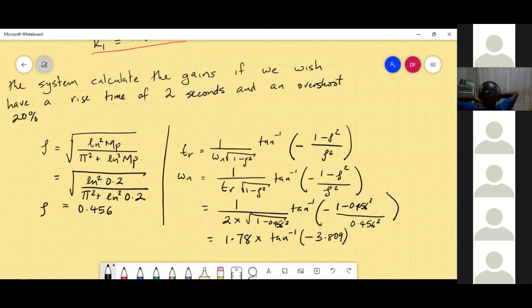All right. First thing, tan inverse of negative 3.809. We have to put our calculator in radian mode because the answer must be in radians, not degrees. So I have to change the calculator to radian mode.